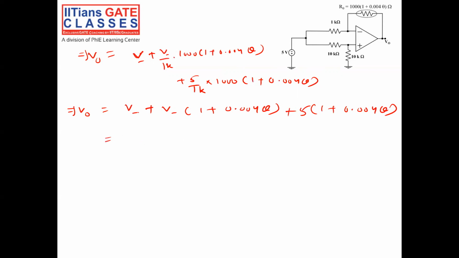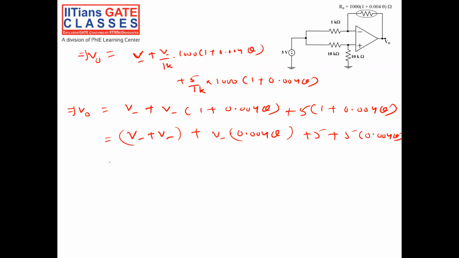So this implies V negative plus V negative into 0.004 theta, plus 5 into 0.004 theta.